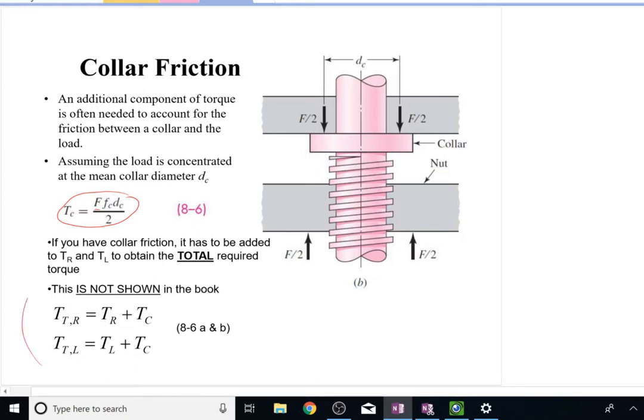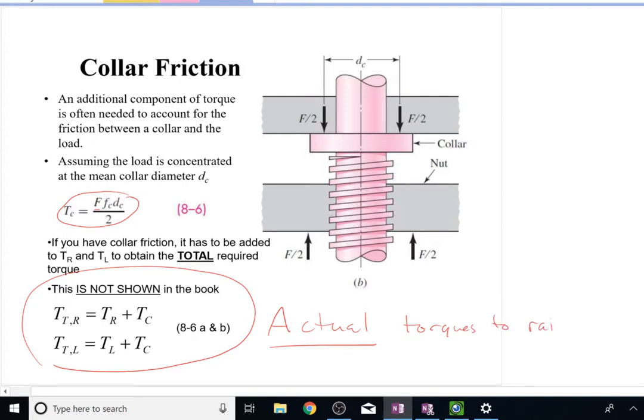Now this is not shown in the book right here, that these are the actual torques to raise and torques to lower a power screw. So I've annotated these equations 8.6 A and B. These are not in the book right here.